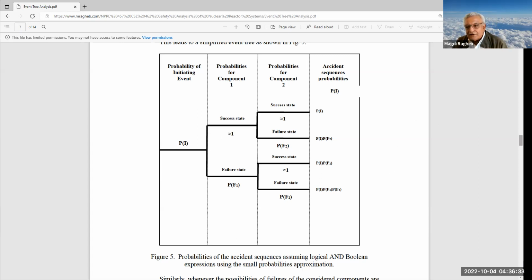So in that case, you could see here now the probability of that sequence: the initiating event, then the engineered safety features, the pumps turn on, then the voltage regulators are on, everything is fine. You'll find that instead of having P of I multiplied by 1 minus P of F1 minus PF2, you find that P of I multiplied by 1 is P of I, and this is P of I by PF2.